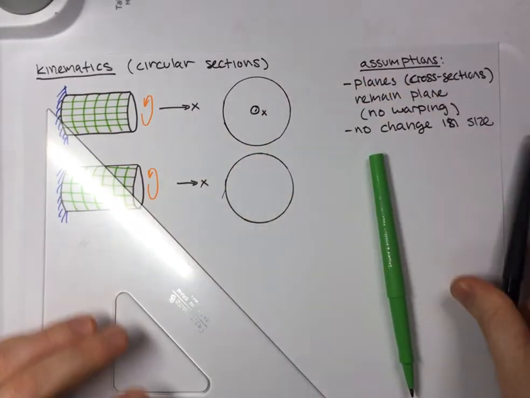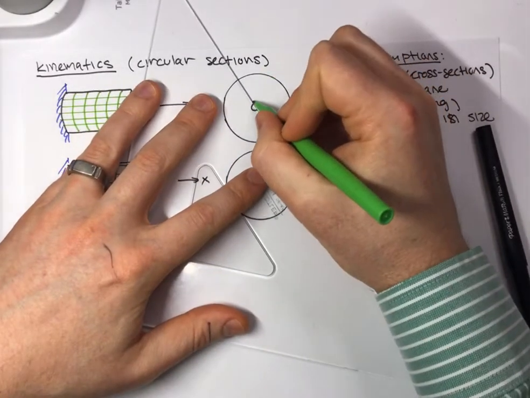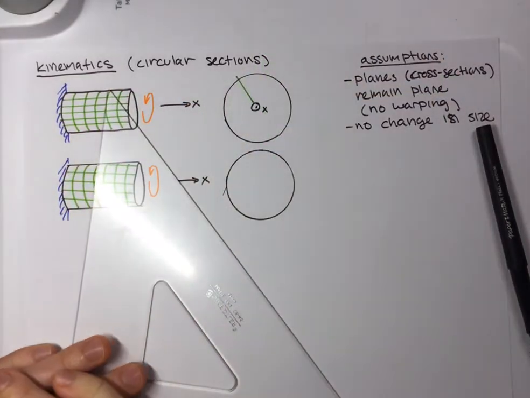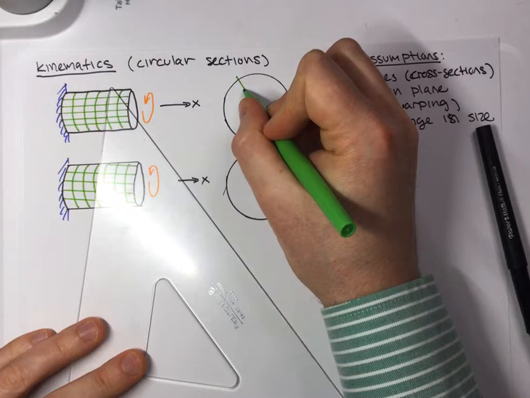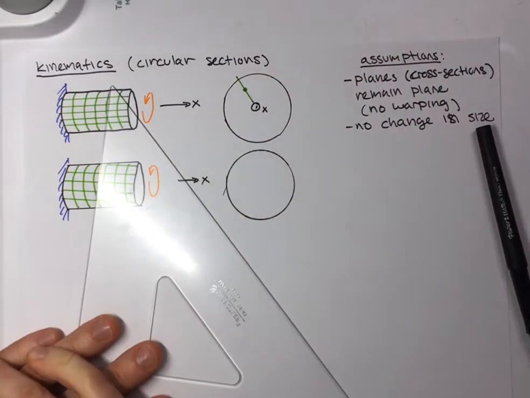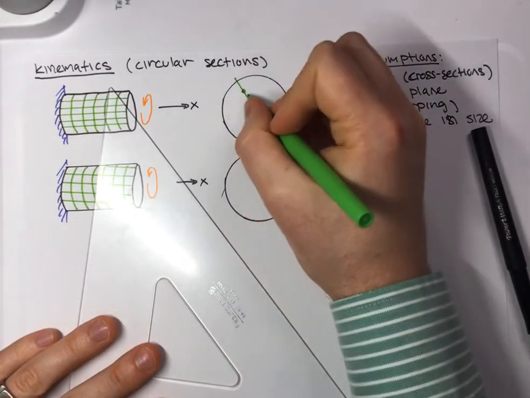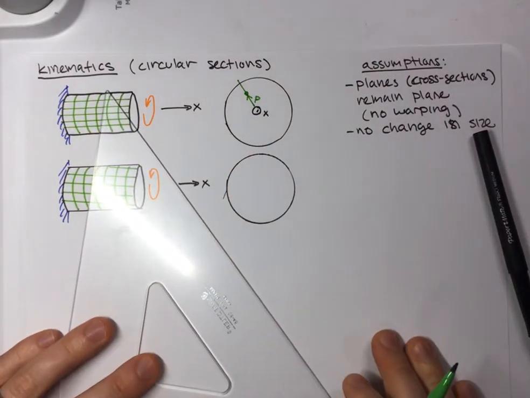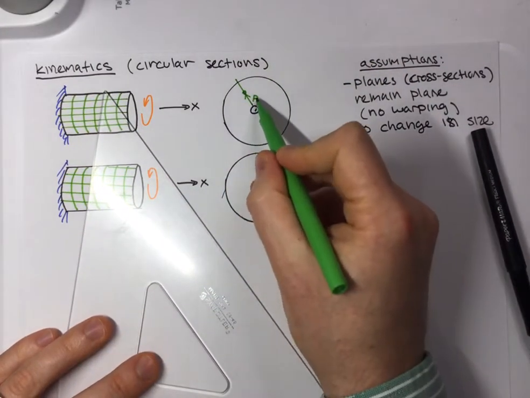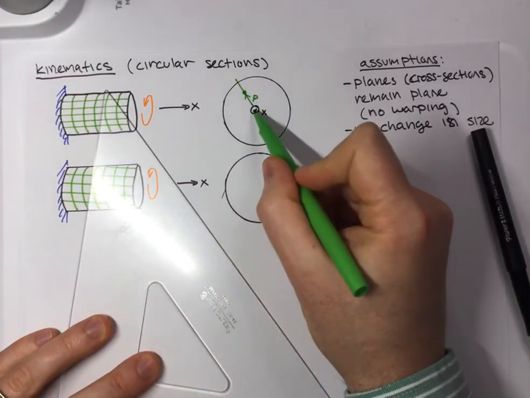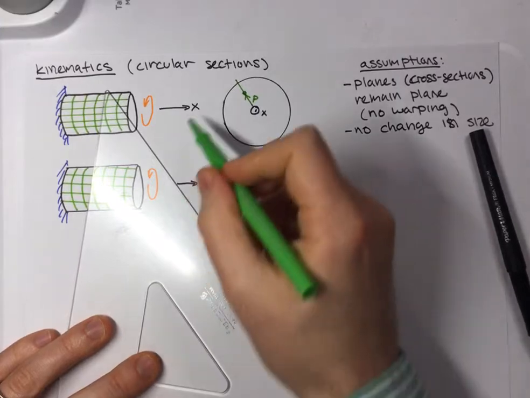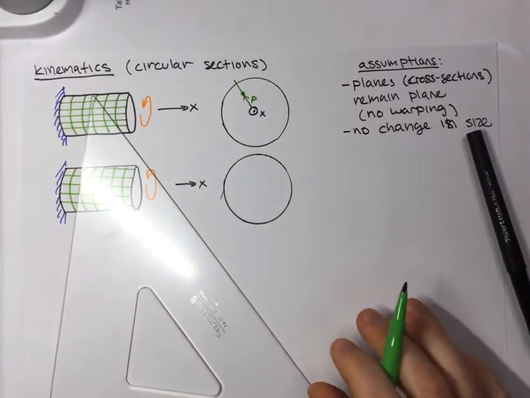So that's our x-axis. We'll draw a line in some direction. We could locate some point, and we could say that that point is a distance rho away from the axis. So that's our definition of rho. It's just a distance away from the central axis, in this case the one defined by x.